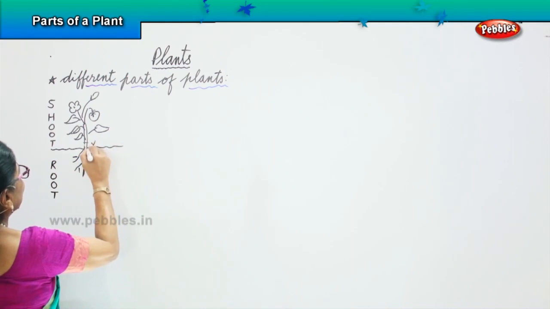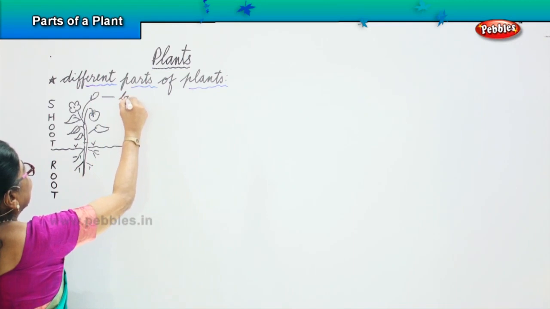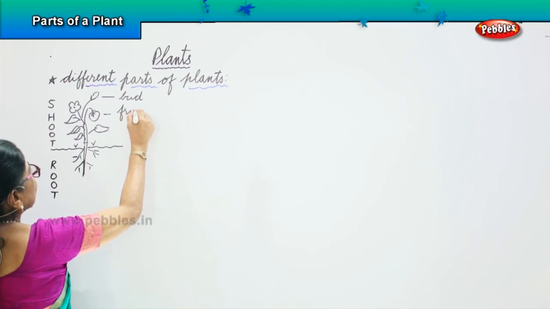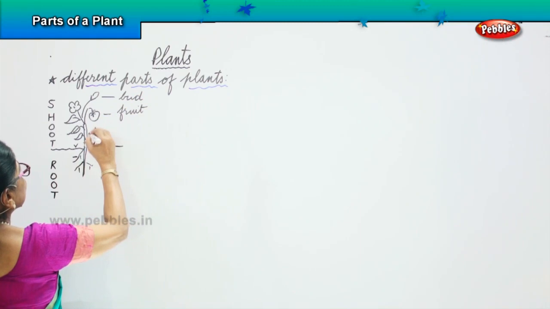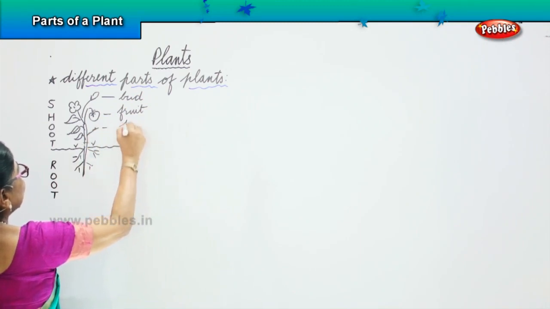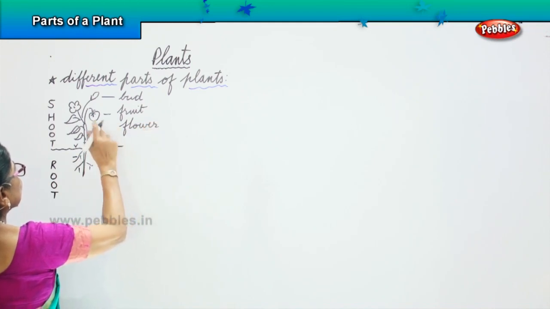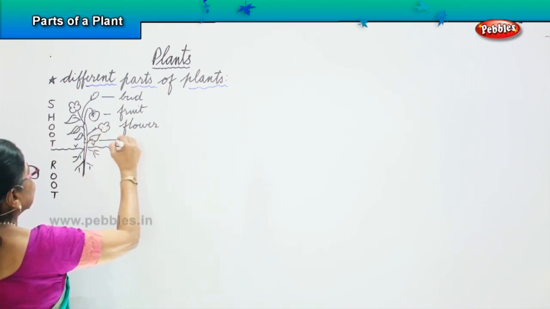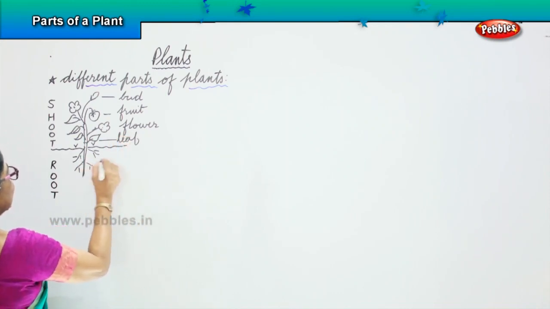and the root. Now, this is a bud, fruit, flower, and leaf. Right? Now this is the root.